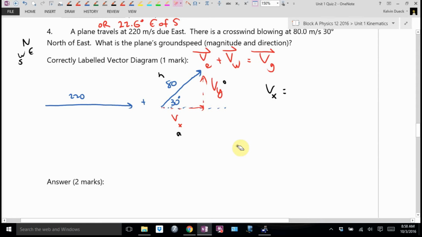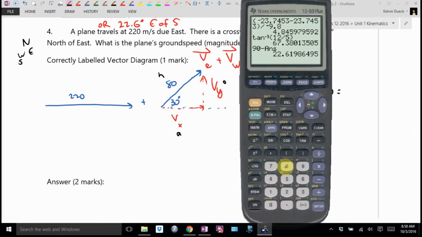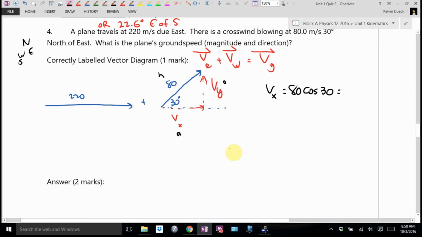Okay. Vx ends up being cosine. Yes, I think. So it's going to end up being 80 cos 30, 69.282. And Vy ends up being 80 sine 30, which I think works out to exactly 40.